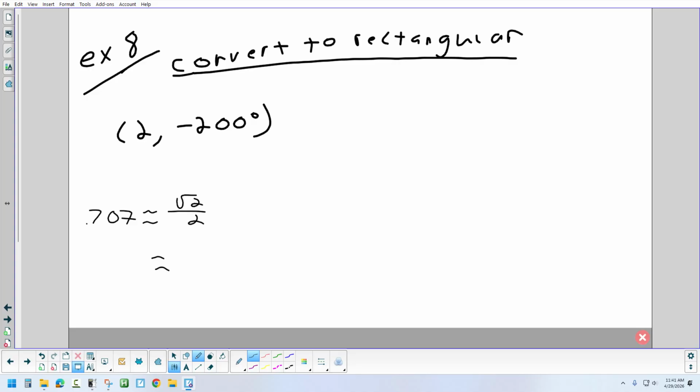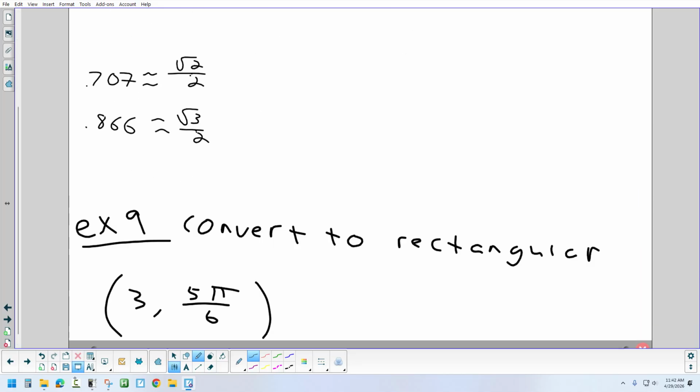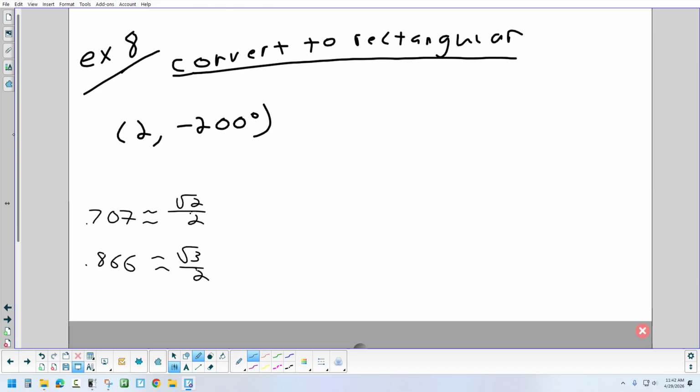There are only two special numbers. Anybody remember the other special fraction that came up on the unit circle? There was root 2 over 2 and root 3 over 2. Root 2 over 2 comes up in the 45 triangle. Root 3 over 2 comes up in the 30, 60, 90, and it's 0.866. Those are the only two numbers that could be special. Now, 200.